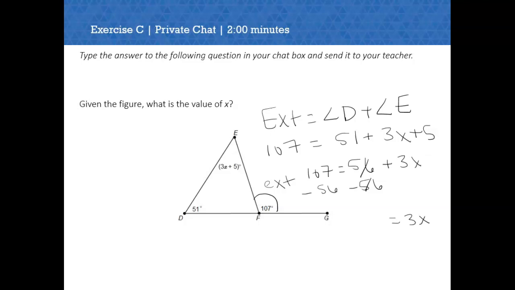So we have 107 minus 56, which is 51. We need to get x by itself. Remember, 3x means 3 times x, so we divide both sides by 3. So 51 divided by 3 is 17.